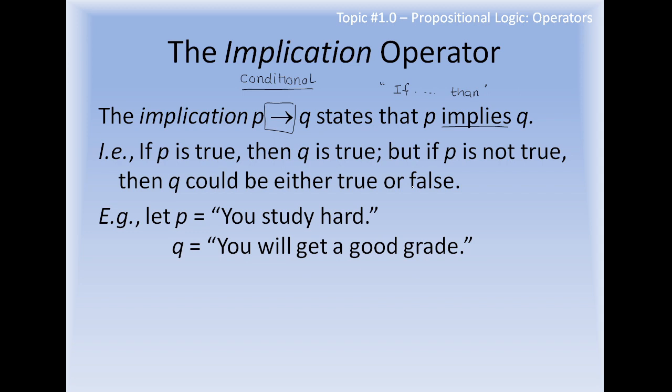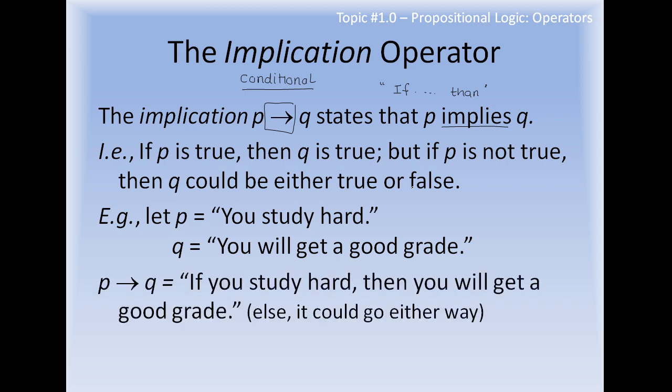Let us take an example. Let P, you study hard, be one atomic statement. Q, you will get a good grade, is a second atomic statement. Then P implies Q is a statement whose verbal form is: if you study hard, then you will get a good grade.